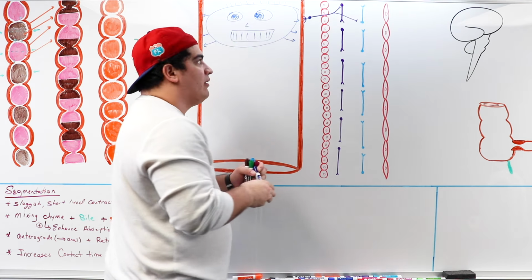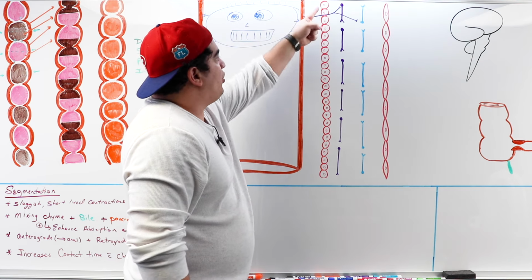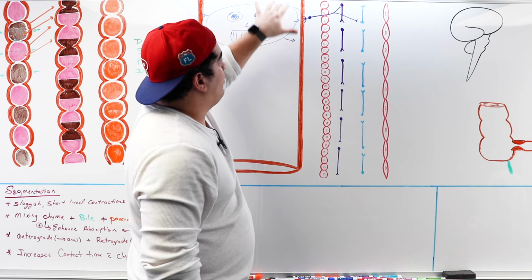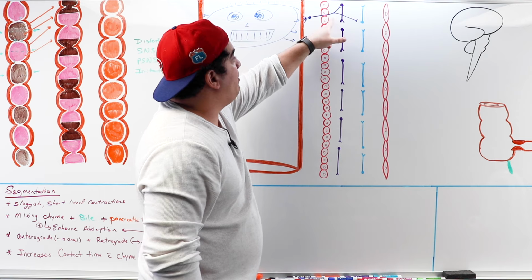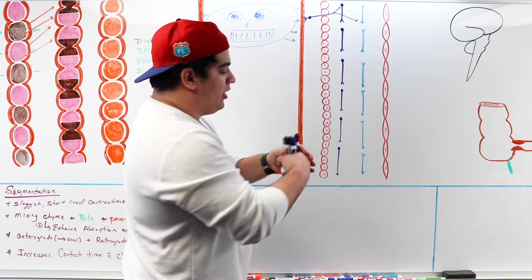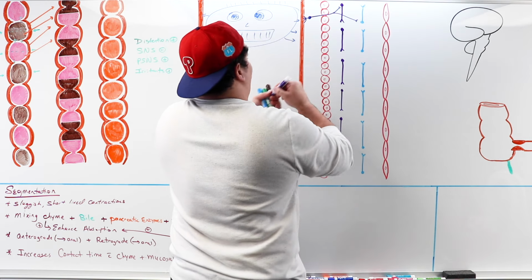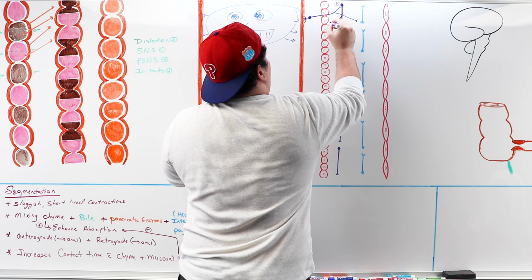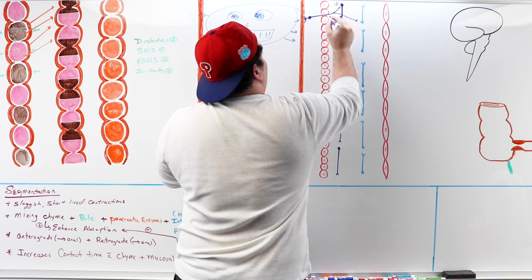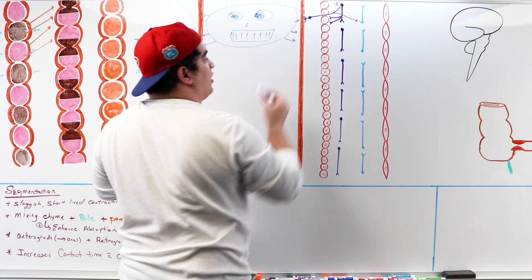Well, very simply here, we want the circular layer to cause contraction on the oral side of this bolus, right? So we're going to want to stimulate this portion here. We're going to stimulate this guy here, and he's going to allow for his axons to come over here and stimulate this portion of the circular smooth muscle.